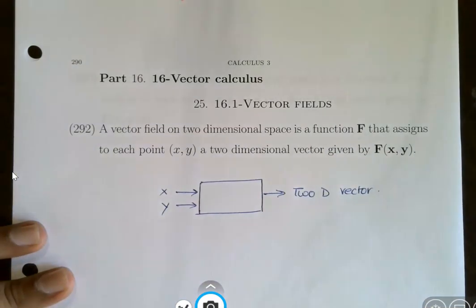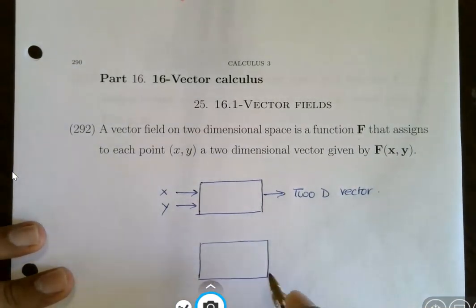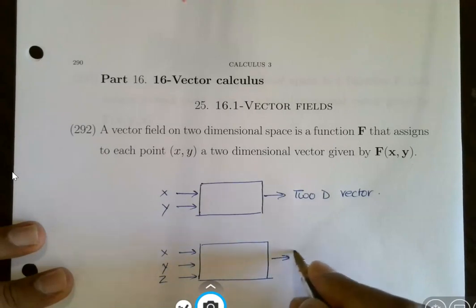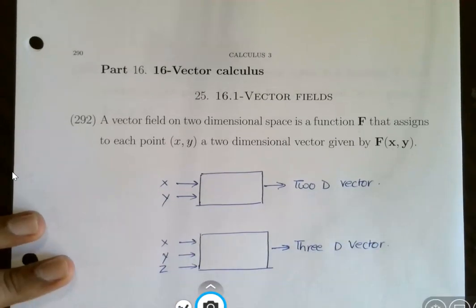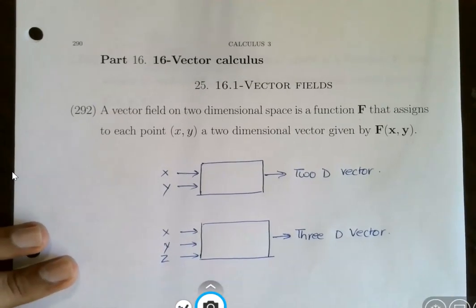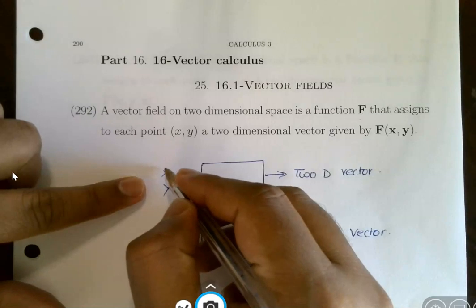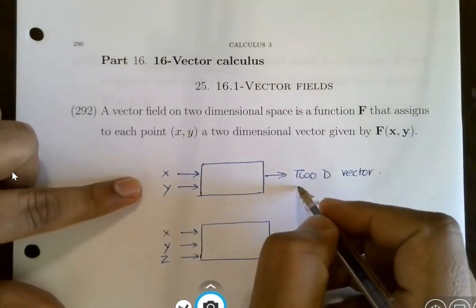If you're talking about a three-dimensional vector field, then you will have three inputs, x, y, and z, and then your output would be a three-dimensional vector. Okay, so for a vector field you should understand that the domain here is the variables x and y, and the range is a vector.